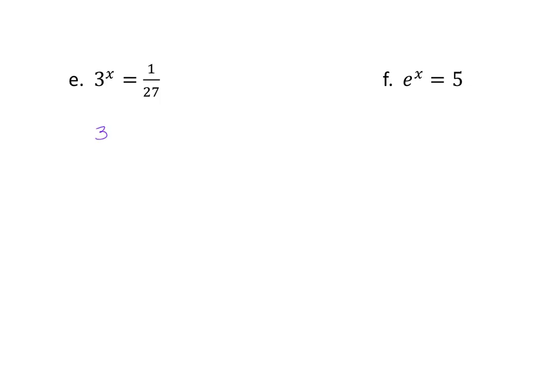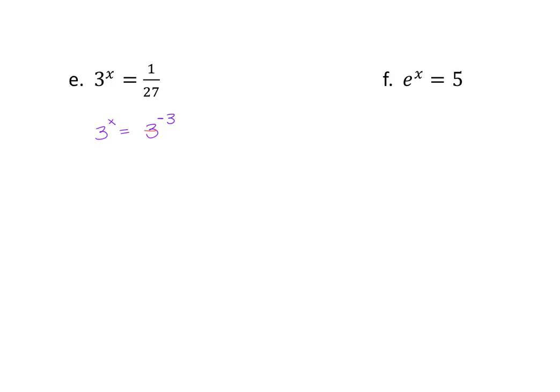For 1 over 27, I can write this with a base of 3. 3 cubed is equal to 27. And I did take a reciprocal, so I do want a negative exponent.